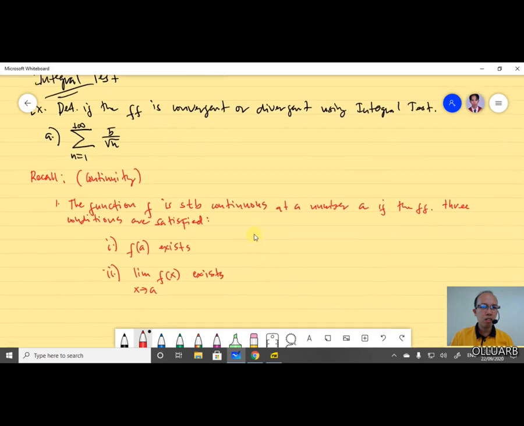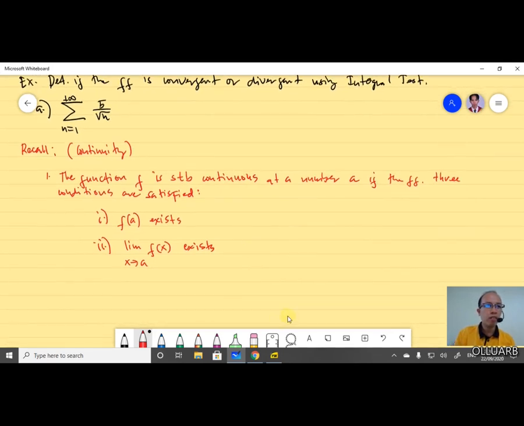And the third one is that the limit of the function as x approaches a must equal f of a. So if conditions 1 and 2 hold, then the third says that they are equal. If these three conditions are satisfied, then the function is continuous at a number a.